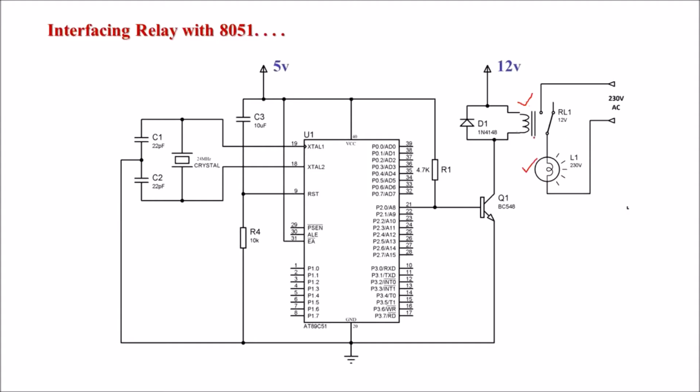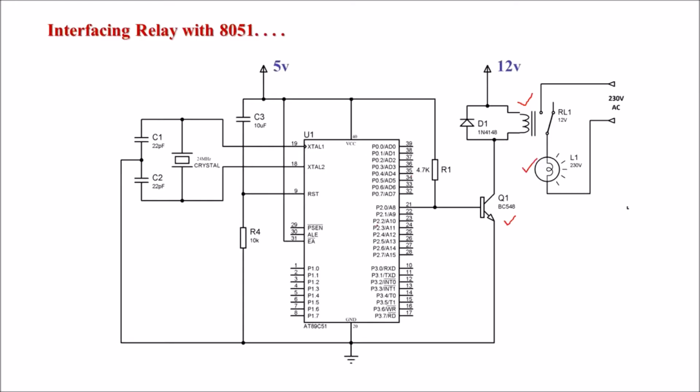When the relay is energized, this switch will be closed and current will flow through this lamp and this bulb will glow. To drive this relay, we are using a transistor BC548. The relay driver's function is to provide the necessary current, typically 25 to 70 milliampere, to energize the relay coil.